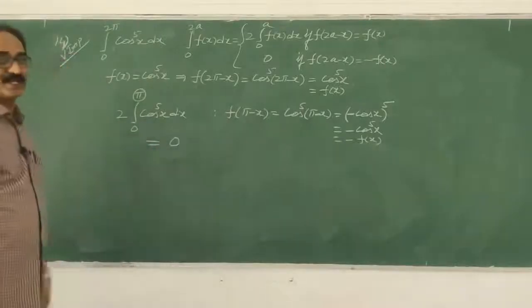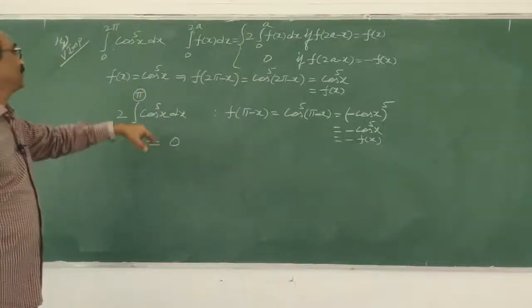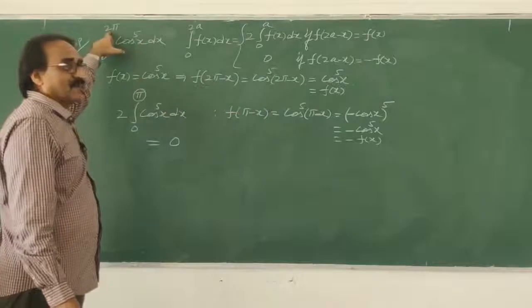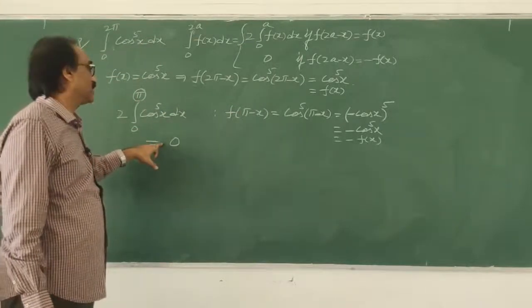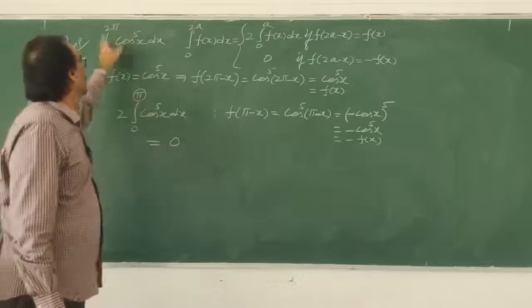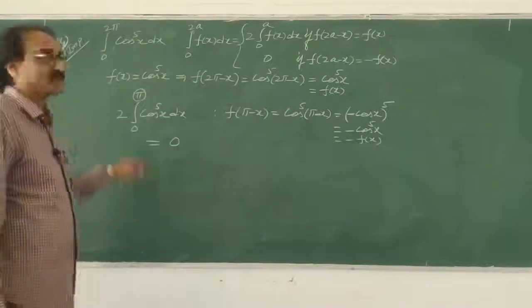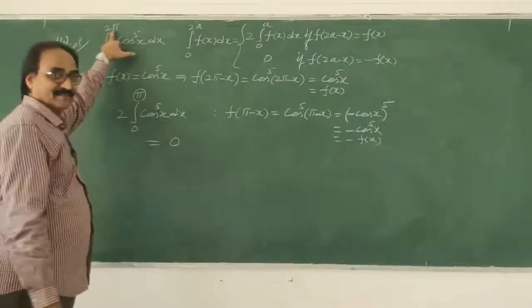The value becomes 0. Same property, when you applied it the second time only, we got 0. See, first 0 to 2a, that same property. 2 pi this time we consider as 2a, this time pi we consider as 2a, but here it becomes 0. In this limit it is an odd function, in this limit it is an even function. Because of the limit, don't get confused. Limits are different. Here 0 to 2 pi, cos power 5x is an even function.